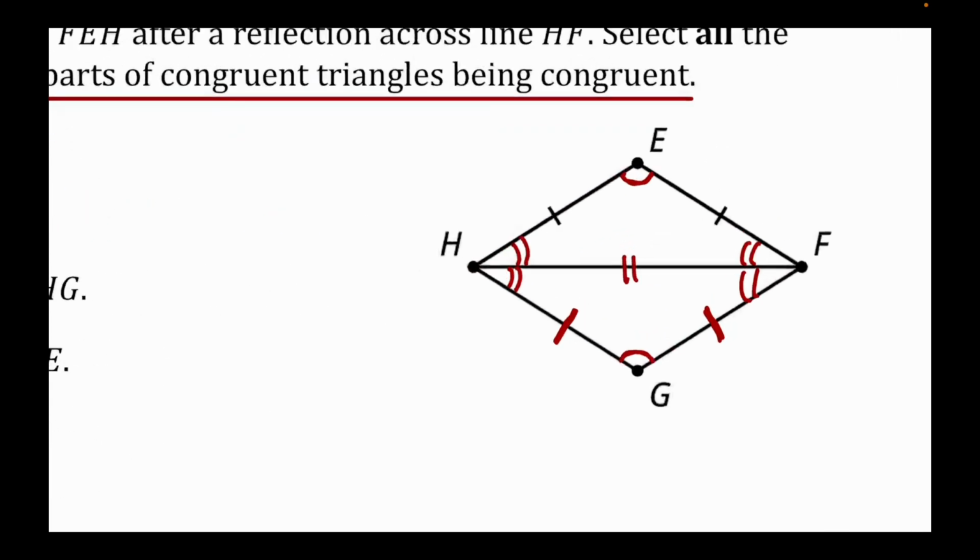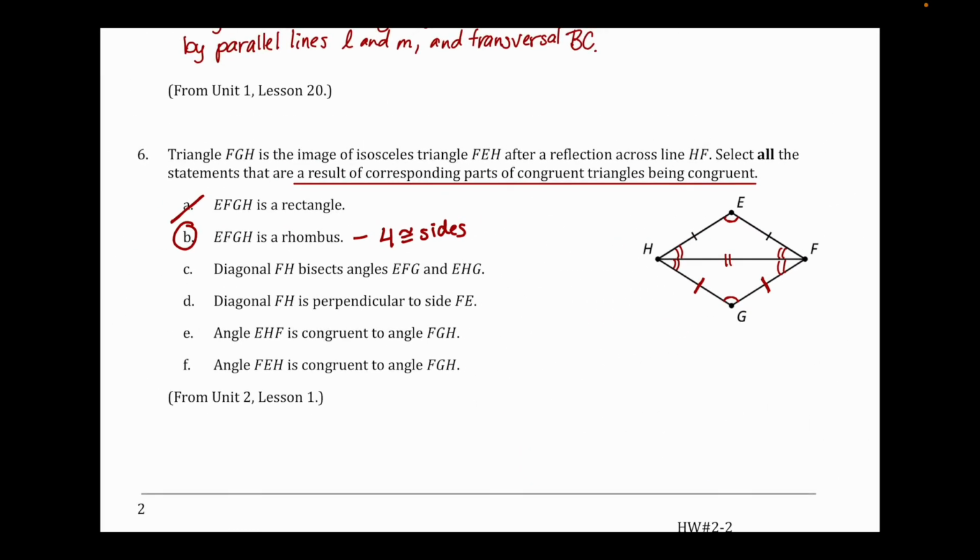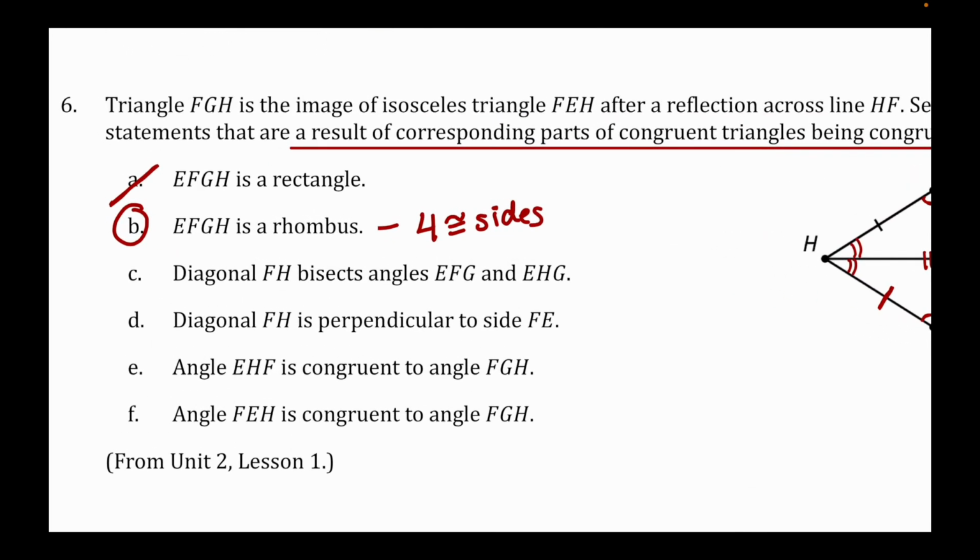And that is true because if we know one angle is congruent, we know the other is because it's a reflection. So if these are cut into 2 equal parts, that means it's bisected. So that bisection part is going to be true. So we would say, yes, C is correct as well.